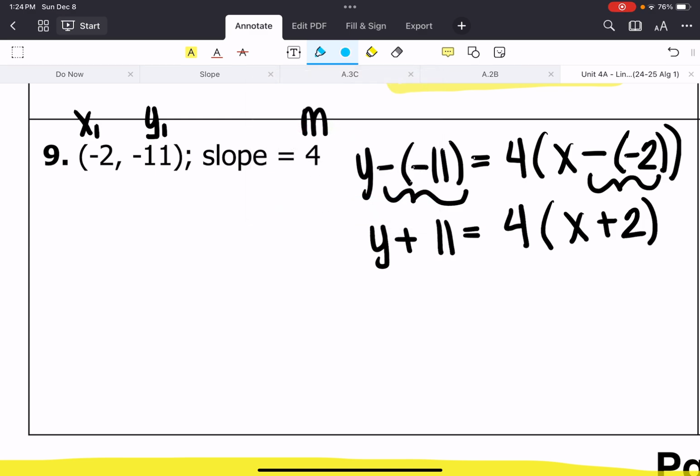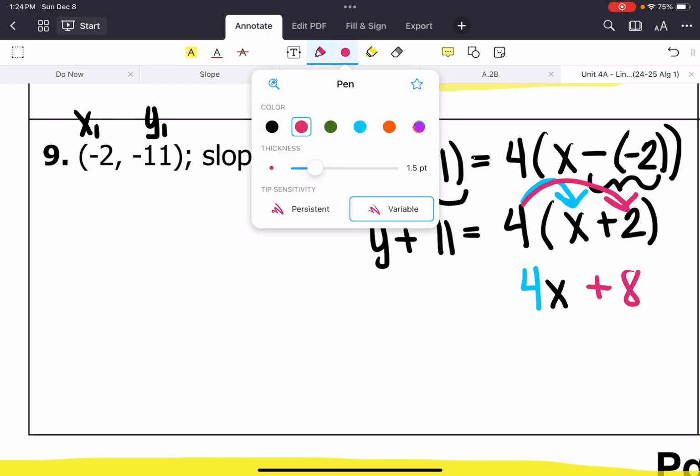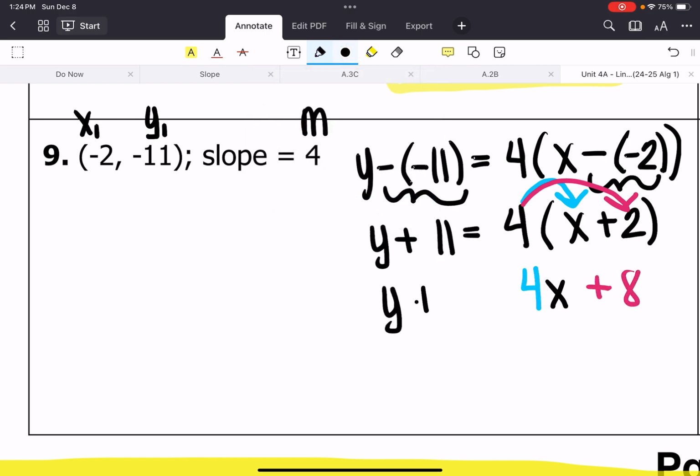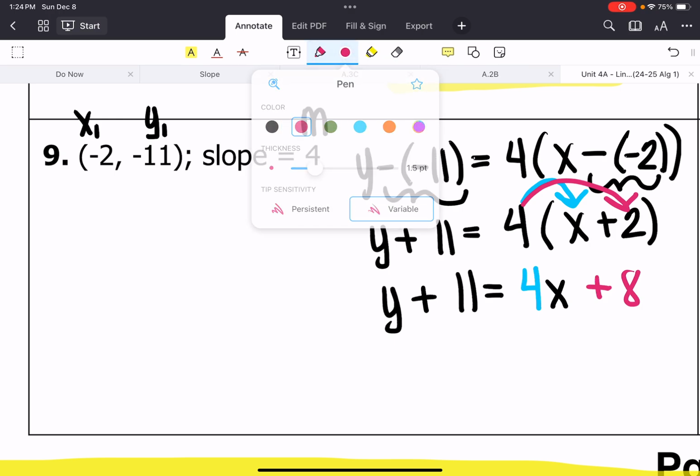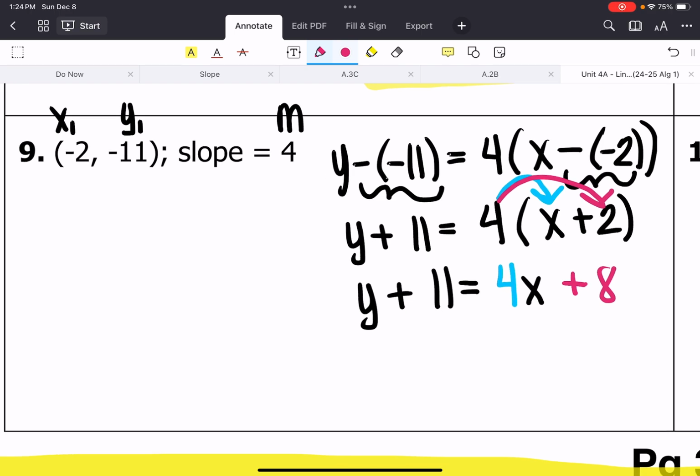Now we can distribute 4 times x. Well, that's going to give me 4x. And then 4 times 2 is going to give me 8. On the left-hand side, you still have y plus 11. Remember, you want y by itself, so what's the opposite of adding?